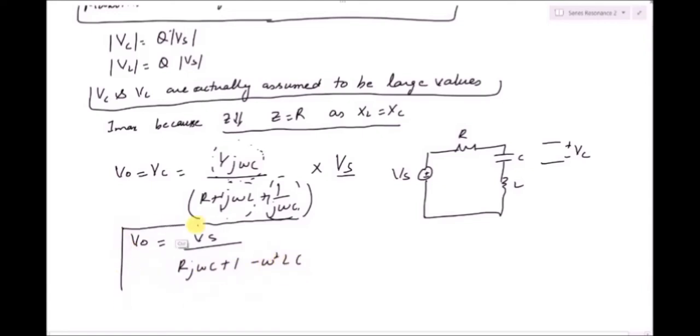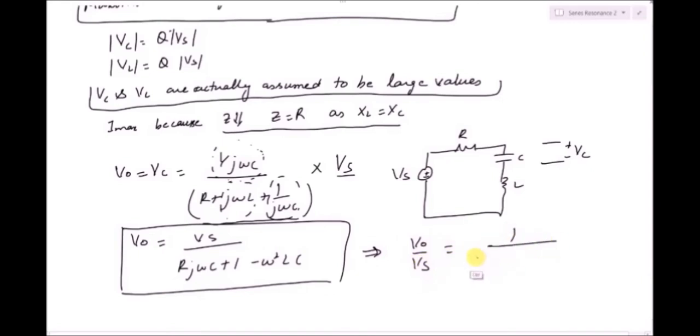So this is the voltage across the capacitor when the voltage divider is applied. Now if you have to find the voltage gain, you just bring this Vs into the denominator of V0. So this is the voltage gain and this is your transfer function. So if you have to write the transfer function, that will be V0 over Vs equal to 1 over R j omega c plus 1 minus omega square Lc.